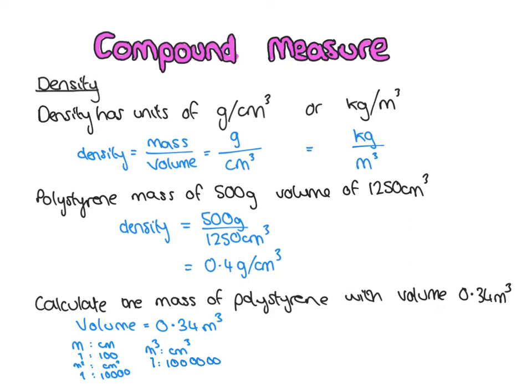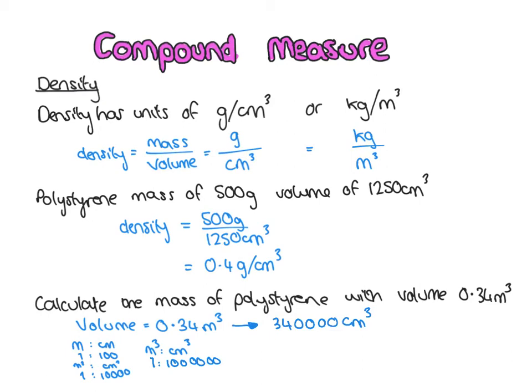How do we get from metres cubed to centimetres cubed? We multiply by a million. Multiplying this by a million, we get 340,000, because the decimal place is going to move six places. So we've got that many centimetres cubed.